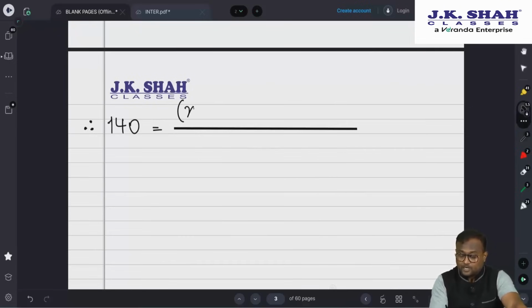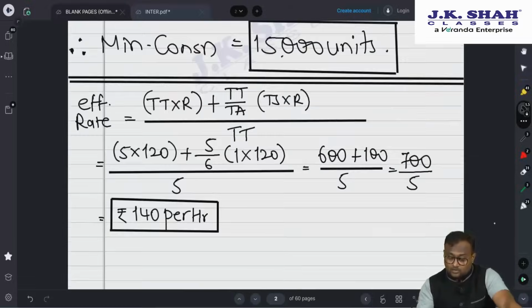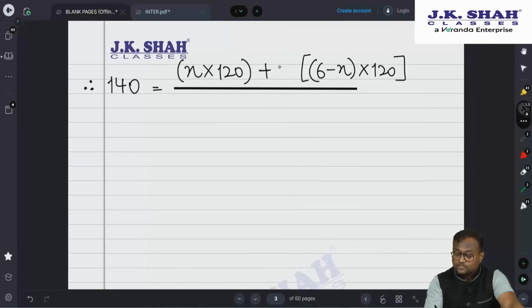If I assume time taken to be X, time taken into rate plus 6 hours are allowed. Out of 6 hours, X hours are taken. This is time saved multiplied by 120. And I am supposed to take 50% of it.